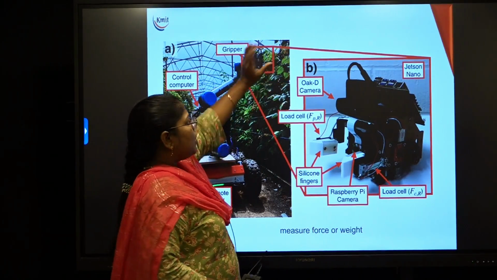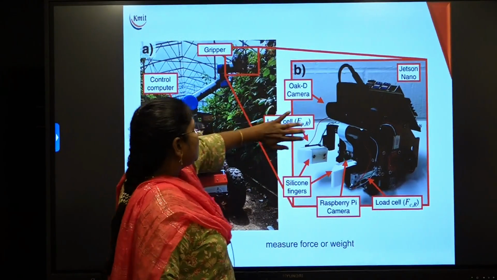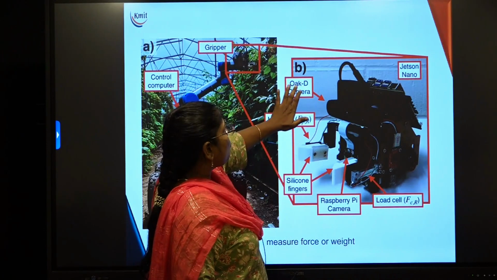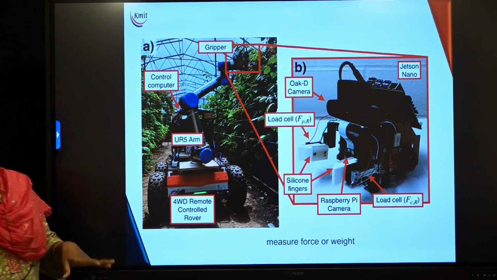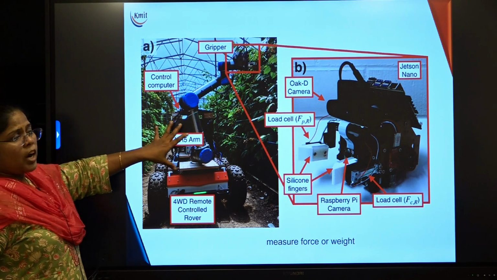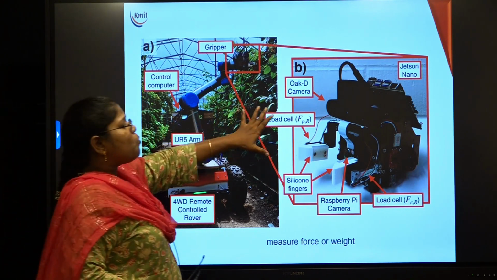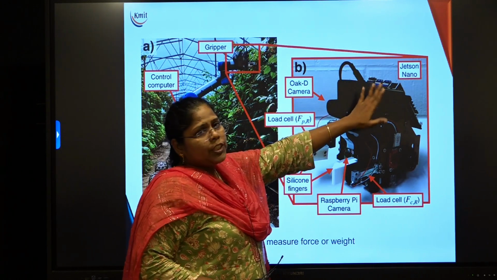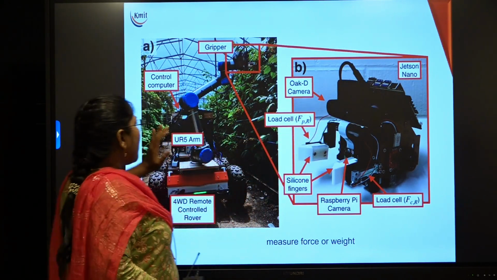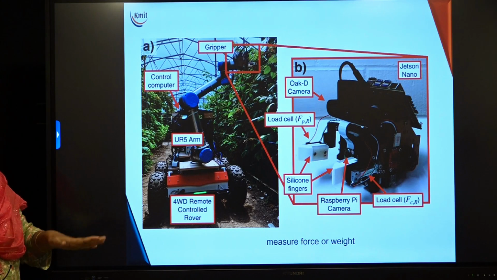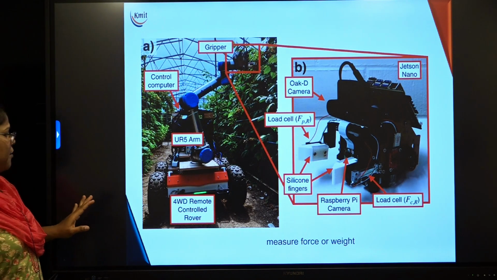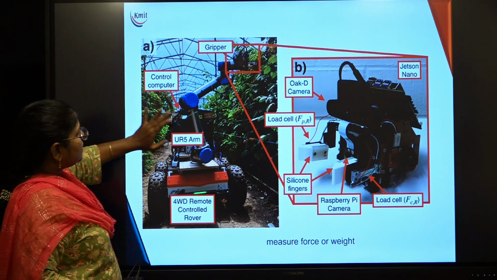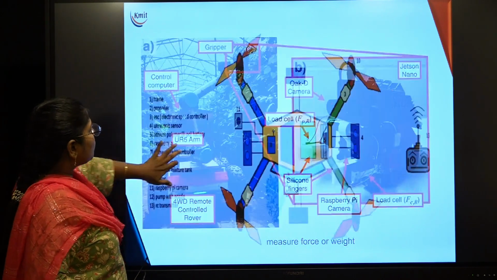Here we have one more OAK-D camera. To design a robot we need one controller and one detector written in Python code, and for the microcontroller we write programs in C, C++ or Java. So this is the design of a robot.